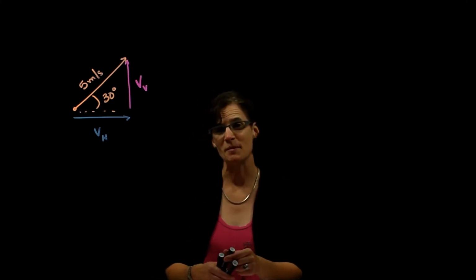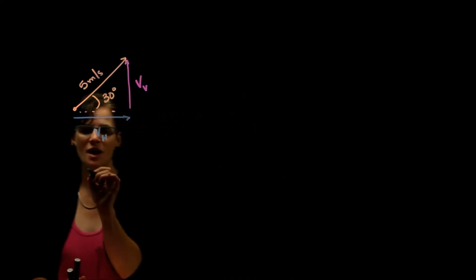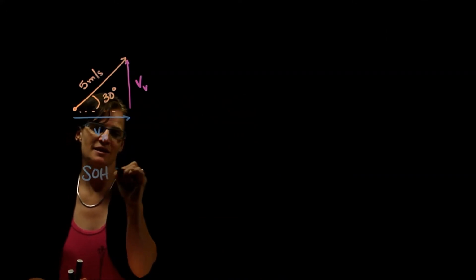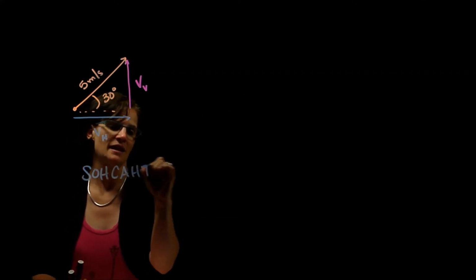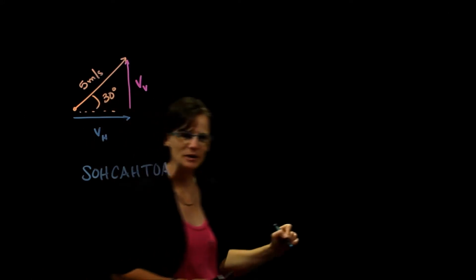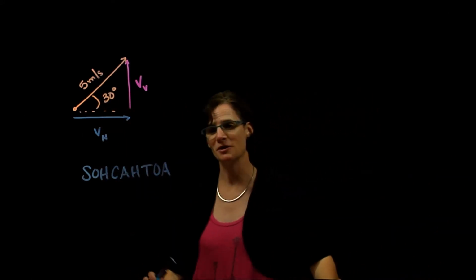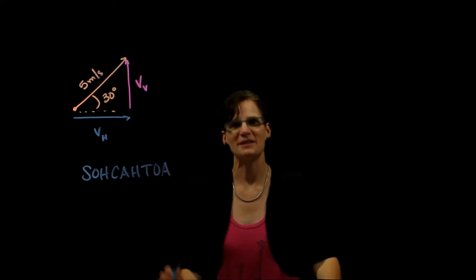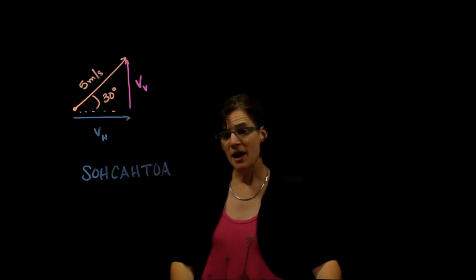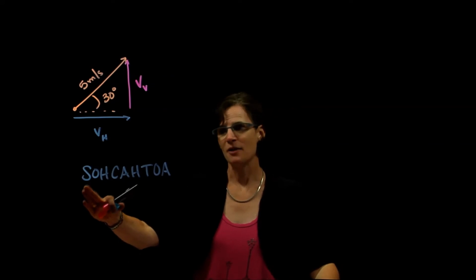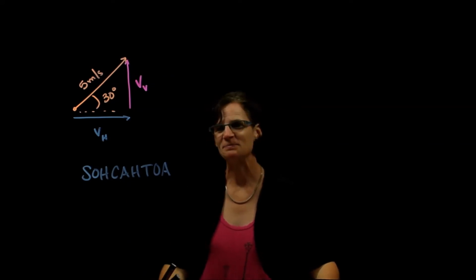And we have to remember our trigonometry. Remember, our trigonometry is abbreviated by the acronym SOHCAHTOA. And whatever story you heard in geometry class of the origins of SOHCAHTOA might be different across the country. But it helps us remember how to get the components of a vector.